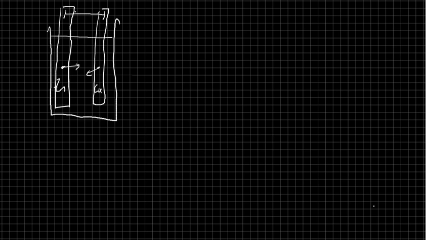When you first connect this up, electrons are going to flow because there'll be a different number of zinc atoms in here and a different number of copper ions in the solution, and so you'll eventually reach an equilibrium.